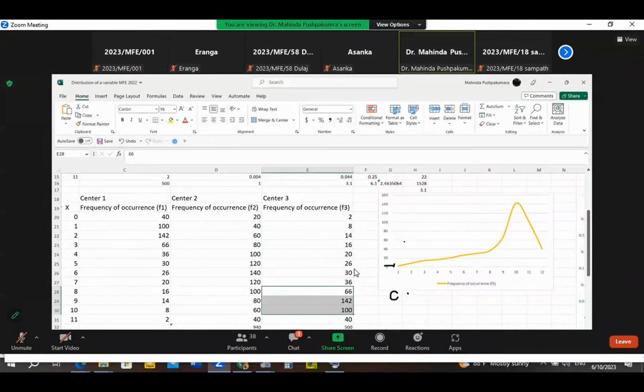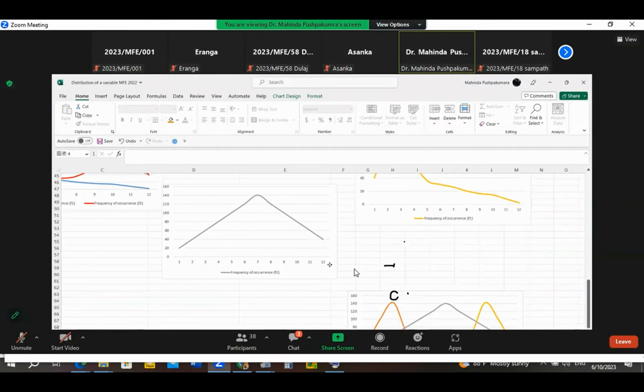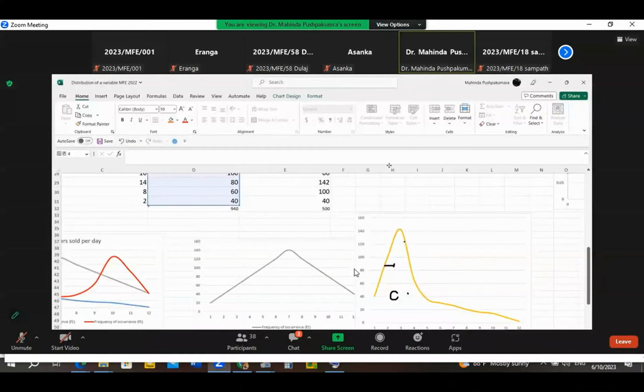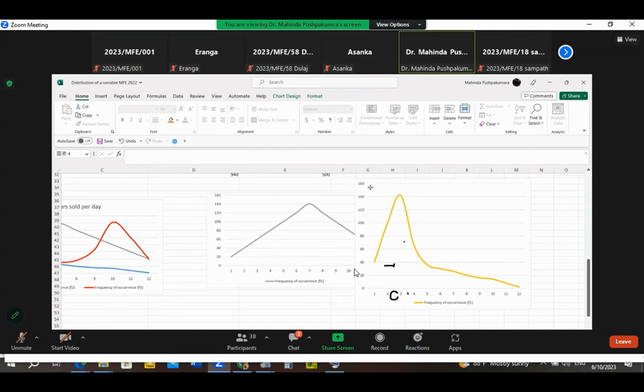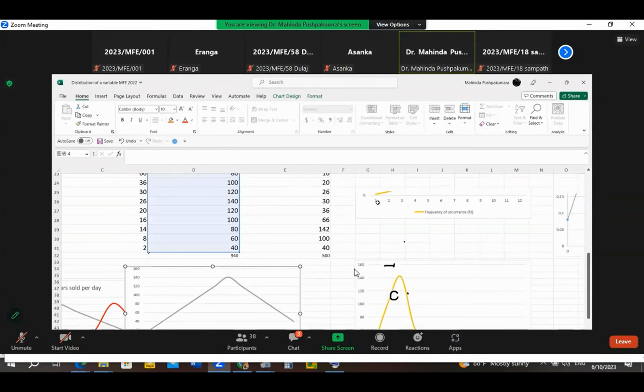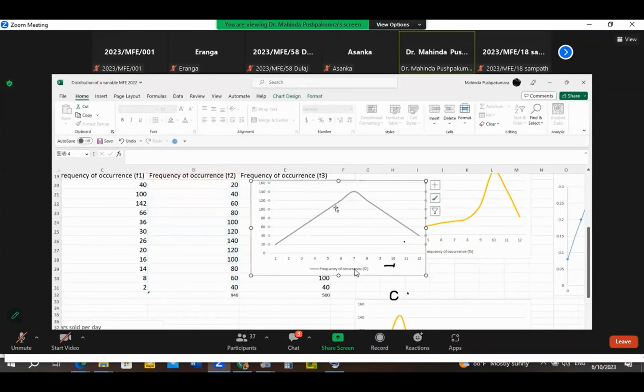How about center 2? It is something like this. We can say it is a symmetrical distribution, or a bell-shaped one.